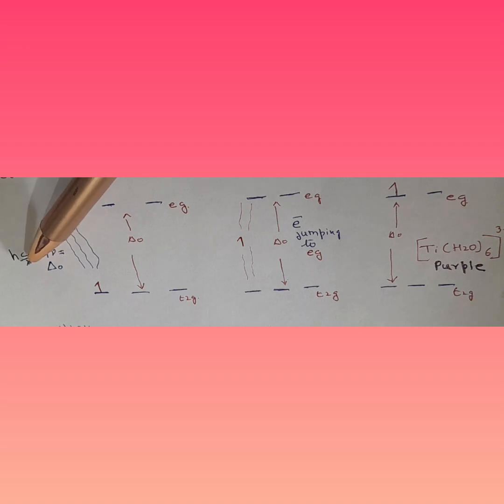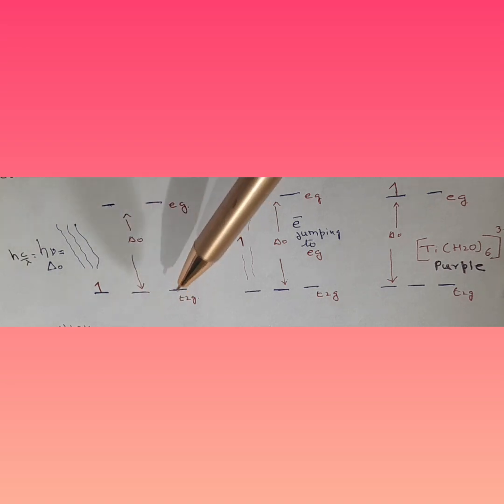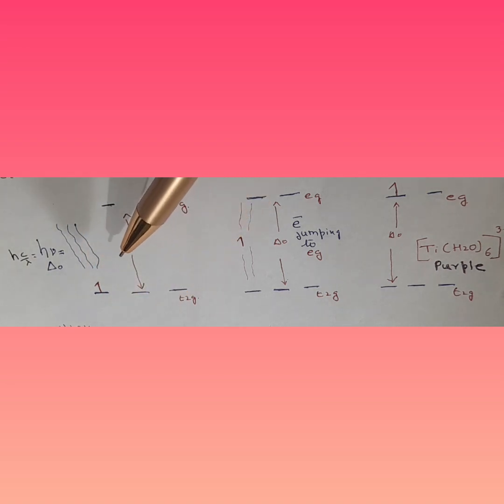So it depends on lambda, the wavelength. And we know energy is inversely proportional to lambda. Now this complex picks up the desired wavelength from VIBGYOR.